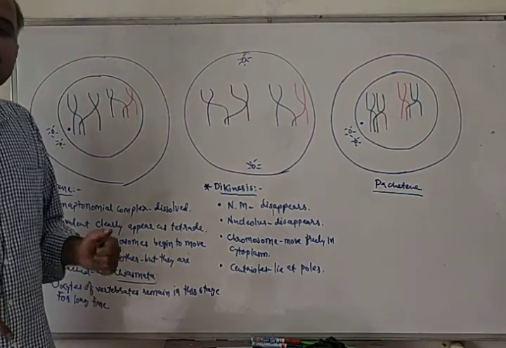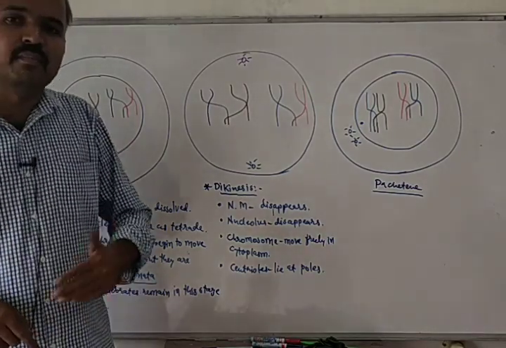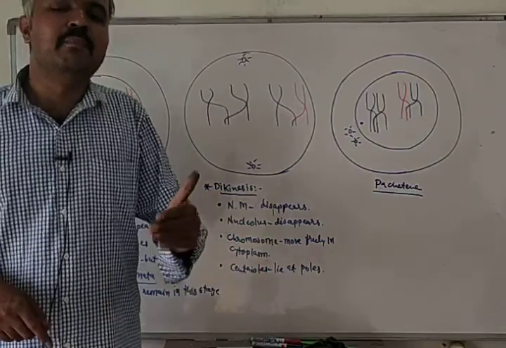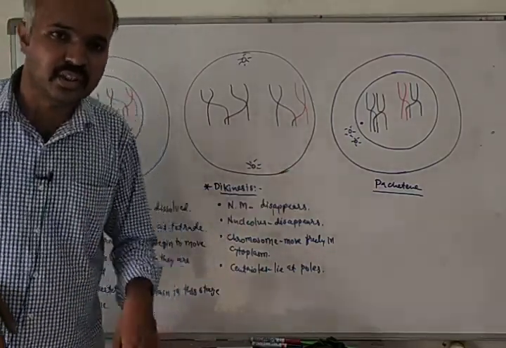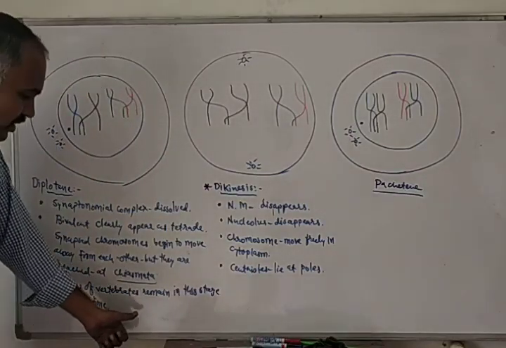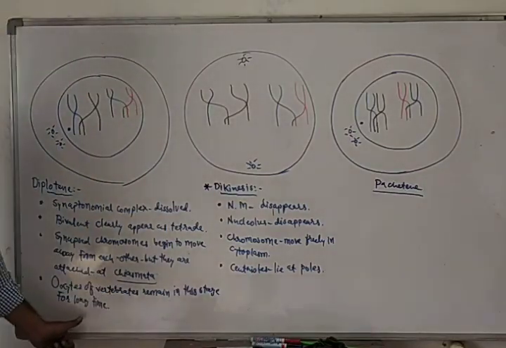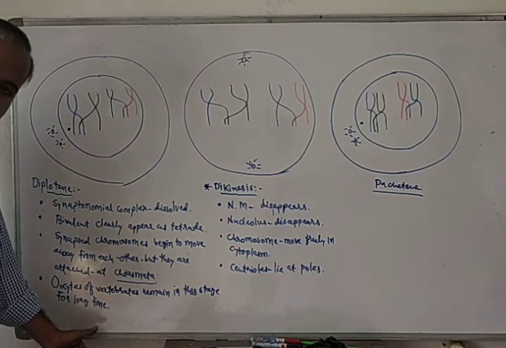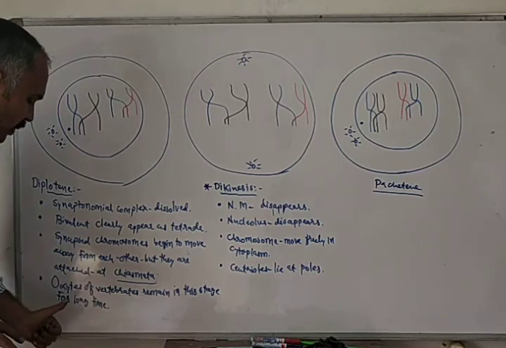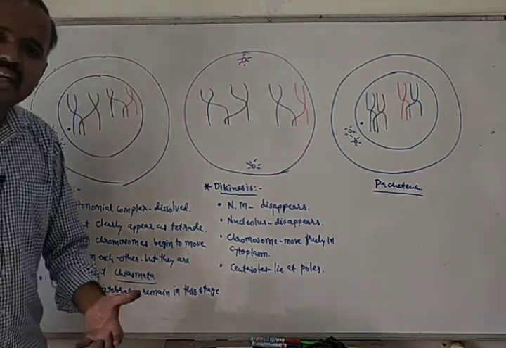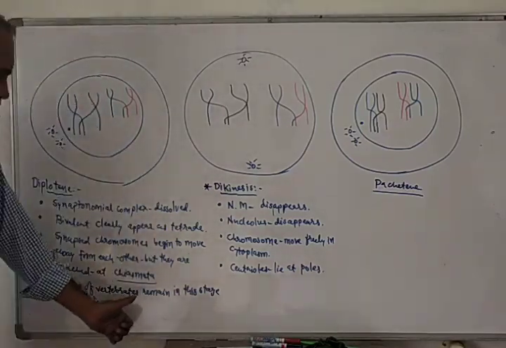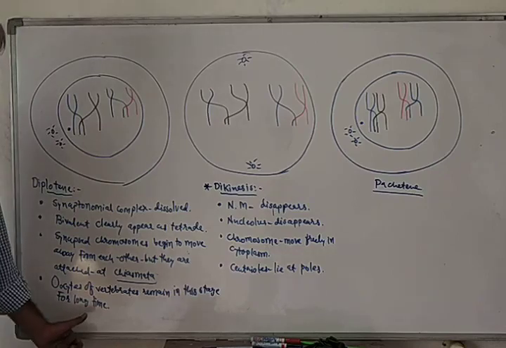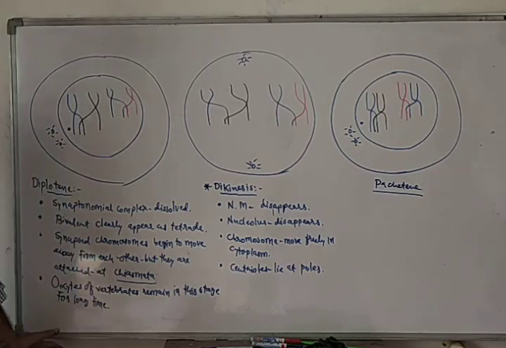So oocytes of vertebrates remain in this stage for a long time, and this period can be either in months or in years. So this is all about the diplotene stage.